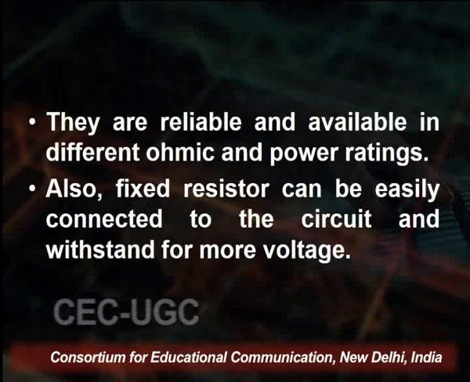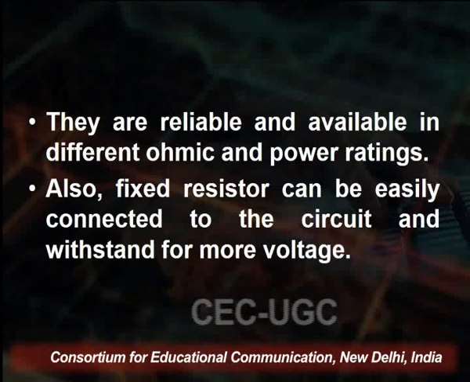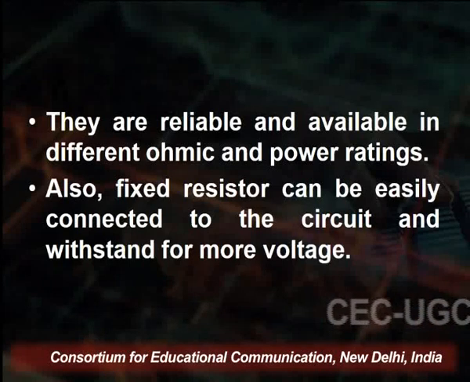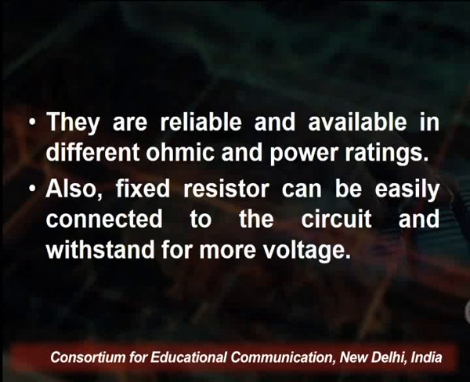They are reliable and available in different ohmic and power ratings. They can be easily connected to the circuit, withstand more voltage, and are used as components in electronic devices. On the other hand, they are less stable, meaning their temperature coefficient is very high, and they also make slight noise compared to other resistors.